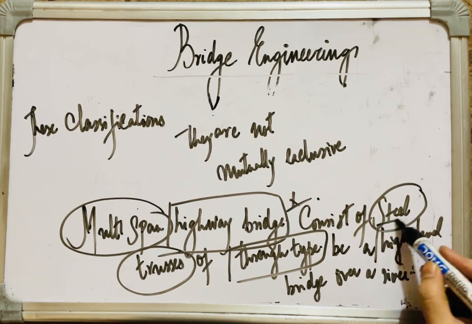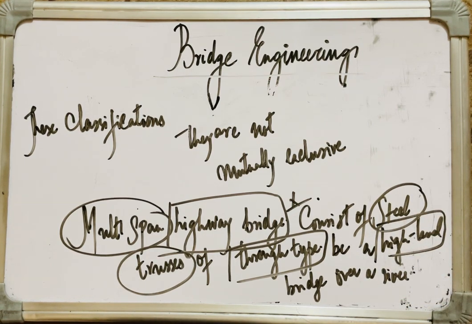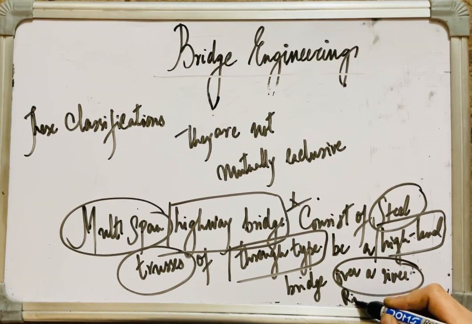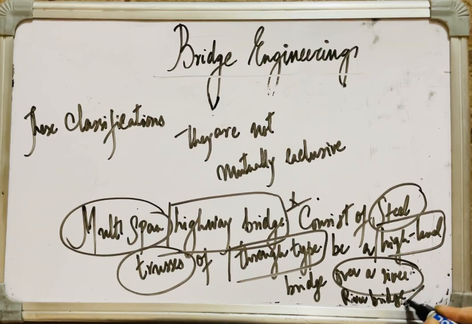It may be a high level bridge, that is, a classification based on the road level related to the HFL, and it may be a highway bridge or a high level bridge over a river. That means it's a river bridge and not a road bridge or other. All right, so these classifications are not mutually exclusive and any one type may overlap with the other.